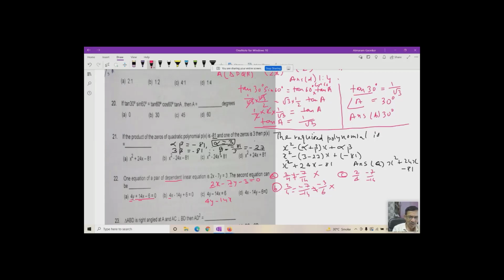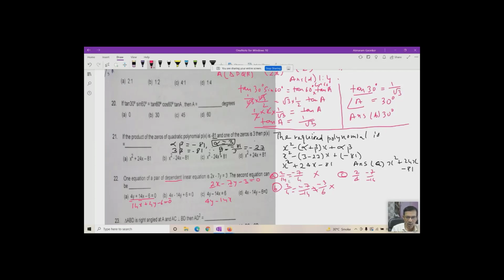Here this equation I have to write 14x plus 4y minus 6 equal to 0, and therefore this will change slightly, and this will be 2 divided by 14, and this will be minus 7 divided by 4.